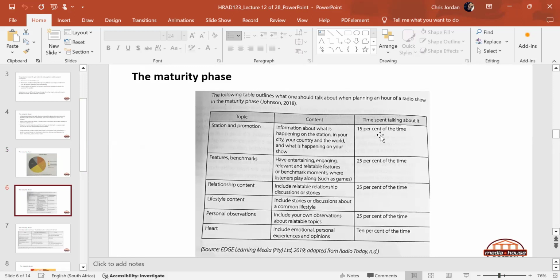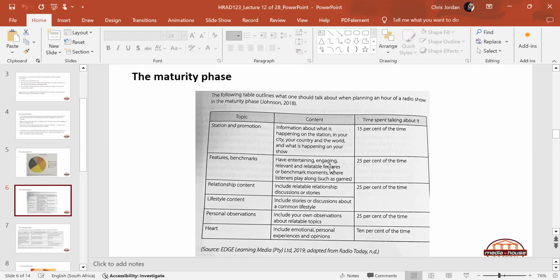So 15% of the time. We'll look at the links, obviously the link structure or the breakdown, in the next slide. Features and benchmarks have entertaining, engaging, relevant, and relatable features or benchmark moments where listeners play along, such as games, right?